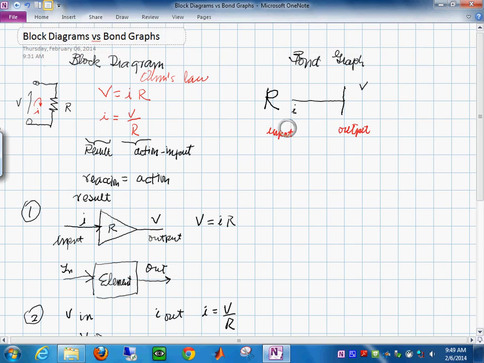So now the input is represented by this line, see? And the output is represented by this crossbar. And this is as if you put your hand in here, just imagine yourself, hold this line with your left hand. Just hold it, do you feel it? Yeah, you hold it there. Holding it hard? All right.